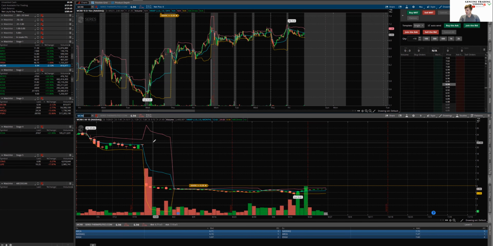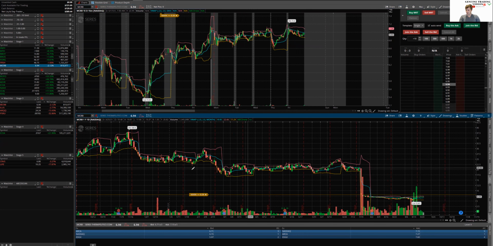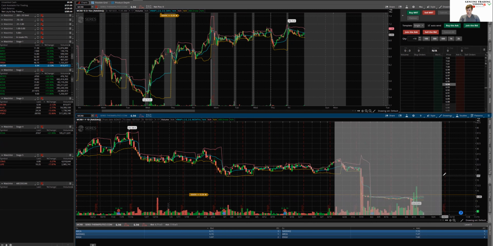I'm interested in this one for a breakout of this area. It's possible it could actually have a breakout with this big dip right here. That could be an indication that the chart's not very good, especially when you're looking at a big time frame. This is what Tim Sykes would call a bad sushi chart, where it just has this huge drop off.